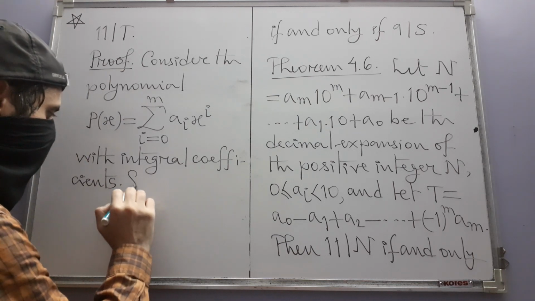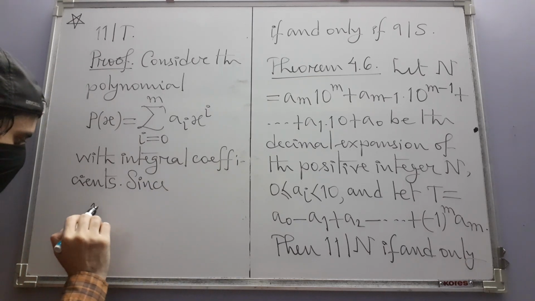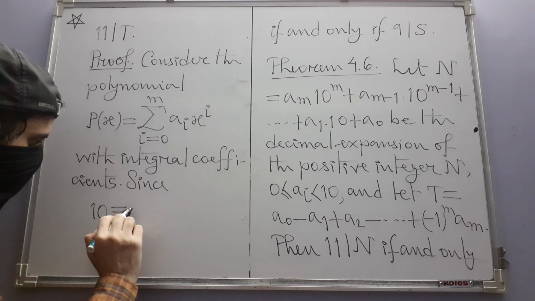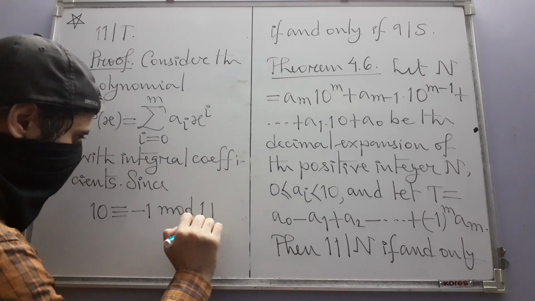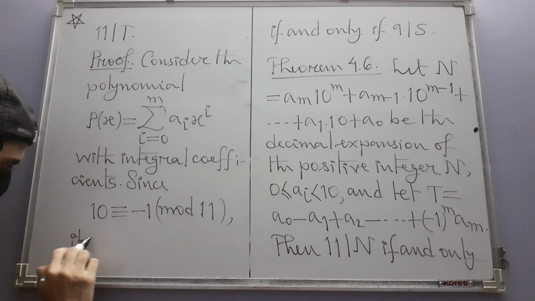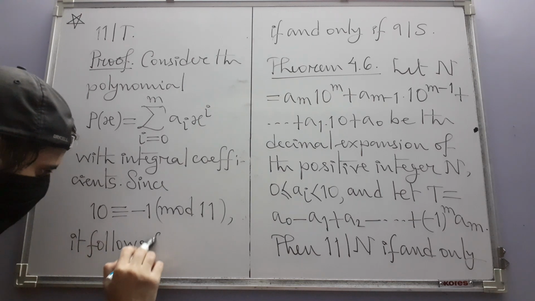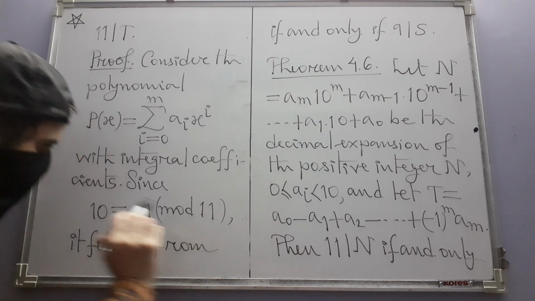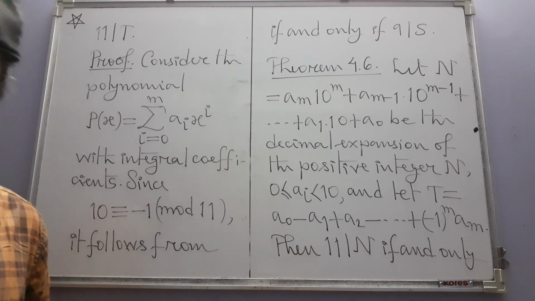And straight away, since 10 is congruent to minus 1 mod 11, it follows from theorem 4 whatever we need.